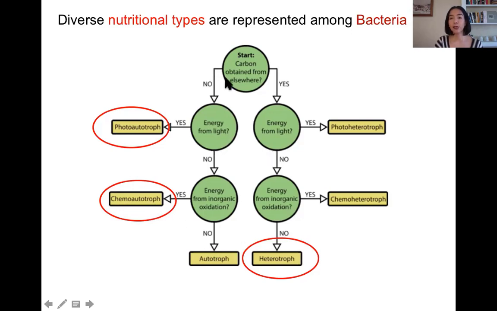But if they are sourcing their carbon from somewhere else, they are heterotrophs. And if they use light for their metabolism, they are called photoheterotrophs. If they are using other types of chemical energy from inorganic oxidation, they are called chemoheterotrophs, or if not, just heterotrophs. So bacteria have these three forms: photoautotrophs, chemoautotrophs, and heterotrophs.